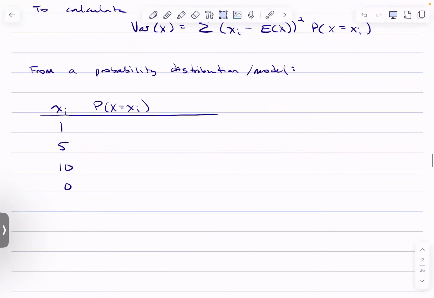I'll label it 1 and then 1 down here. E of x is the sum of your xi's times the probability that x equals xi, which means you need to make a new column with xi times the probability of xi.